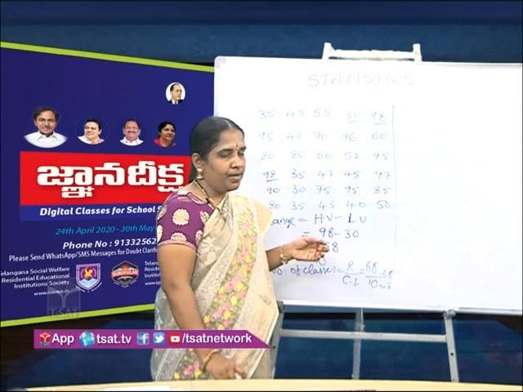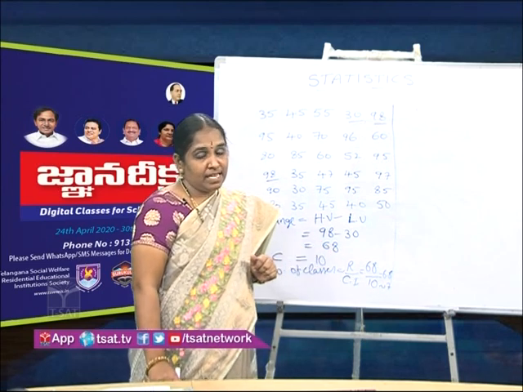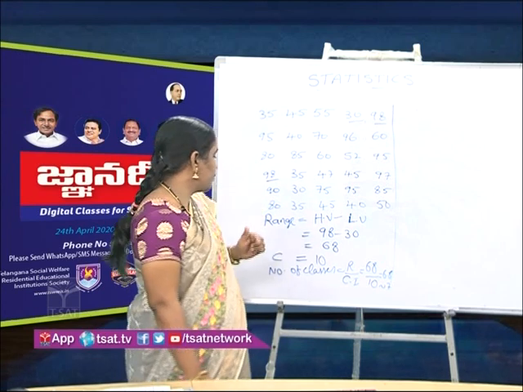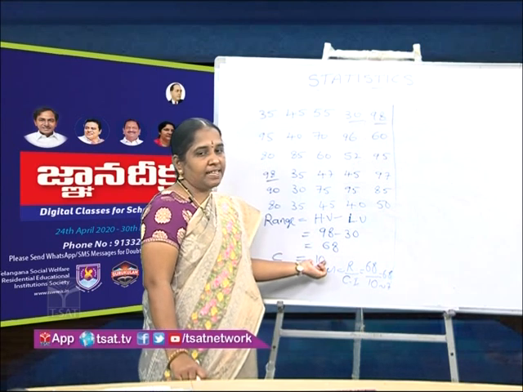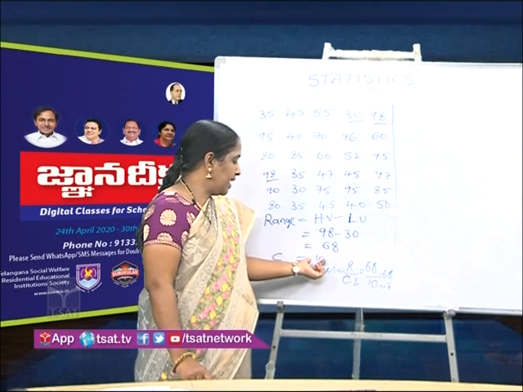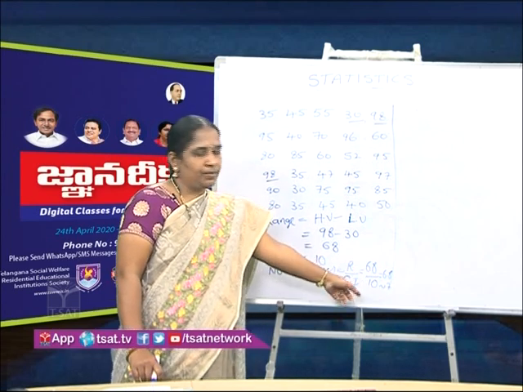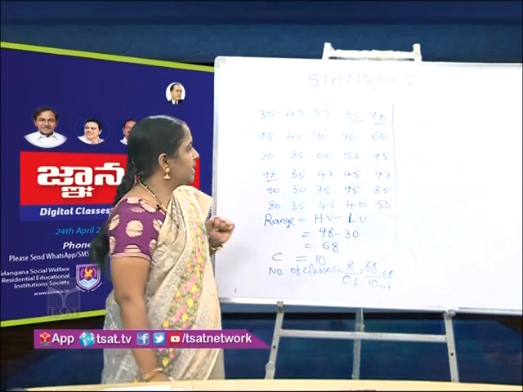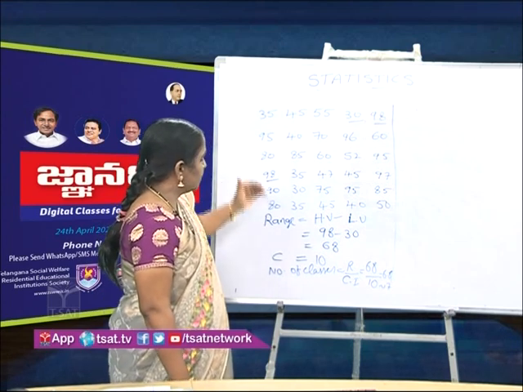So here we are going to get 7 classes, with 10 as the size of the class. Now let us start the grouped frequency distribution.